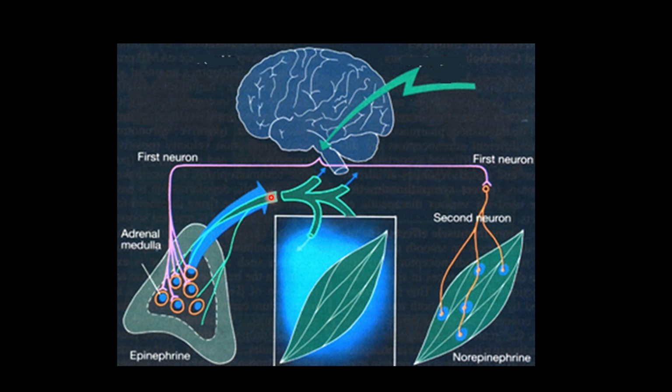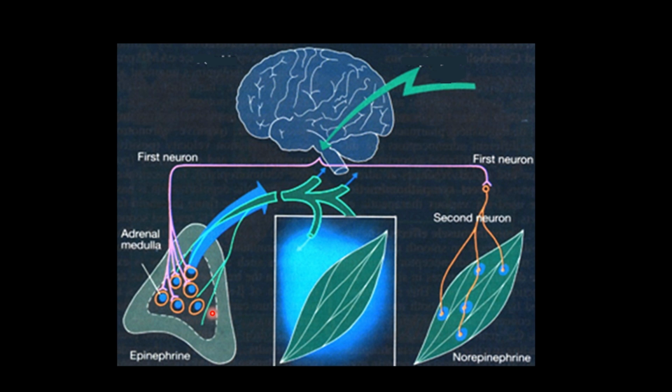Though the receptors are the same for epinephrine and norepinephrine, we can say that norepinephrine is the neurotransmitter and epinephrine is the hormone, because it is released from one place, transported through the blood circulation, and then reaches the effector tissues.